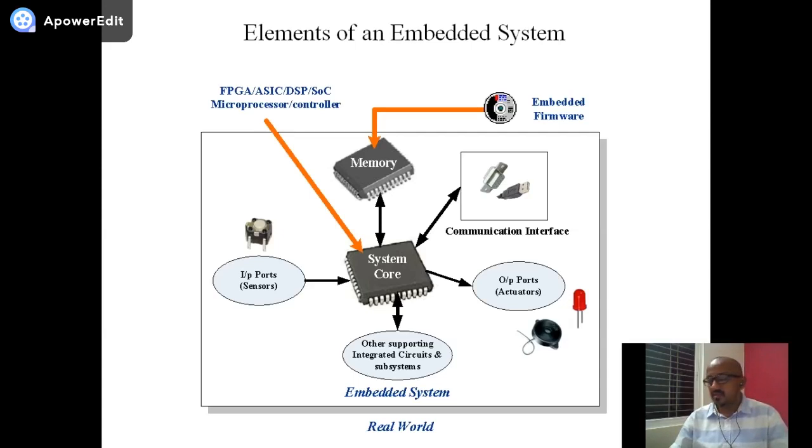Input devices are usually keyboard, joystick, mouse, switches, push buttons, and all these are common interfaces. As actuators or output ports, we have LEDs, 7 segment display units and LCD, piezoelectric buzzer or any such devices, etc. And other supporting integrated circuits or subsystems may be a brownout circuit, watchdog timer, oscillators, all such devices.